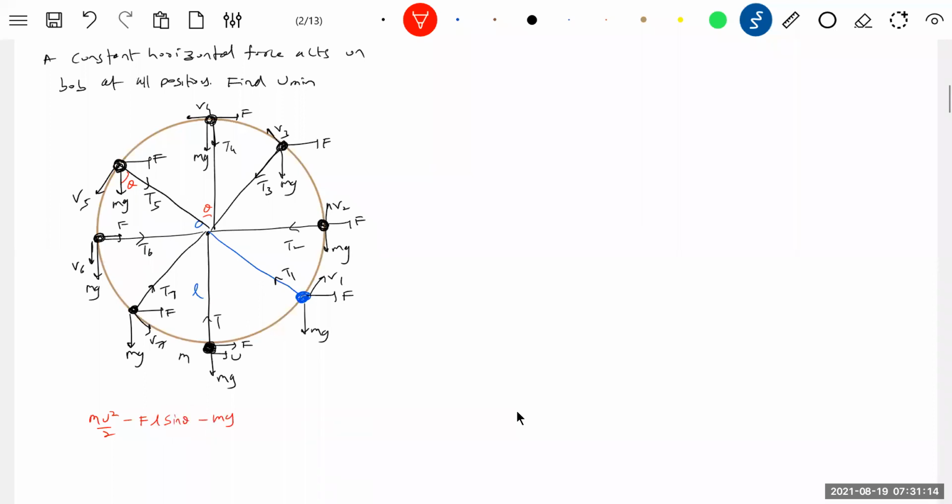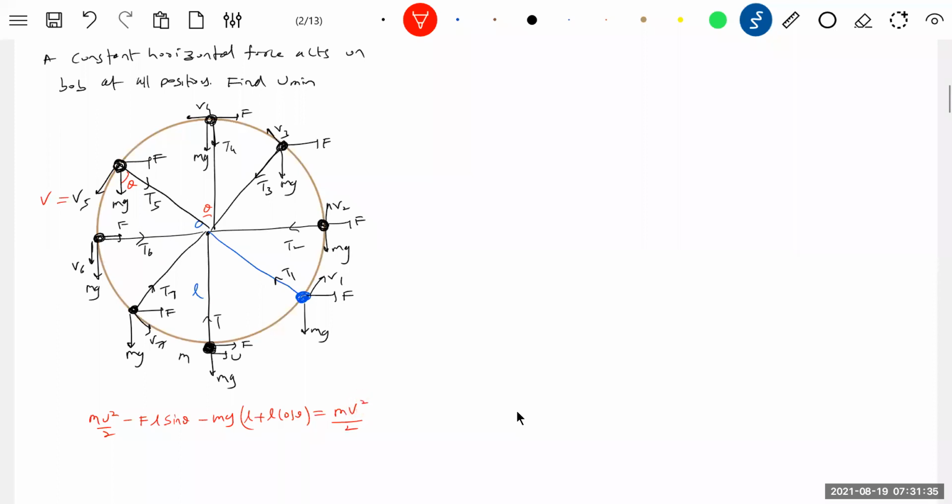Work done by gravity, L plus L cos theta, equal to mv phi square, or v phi equal to v.